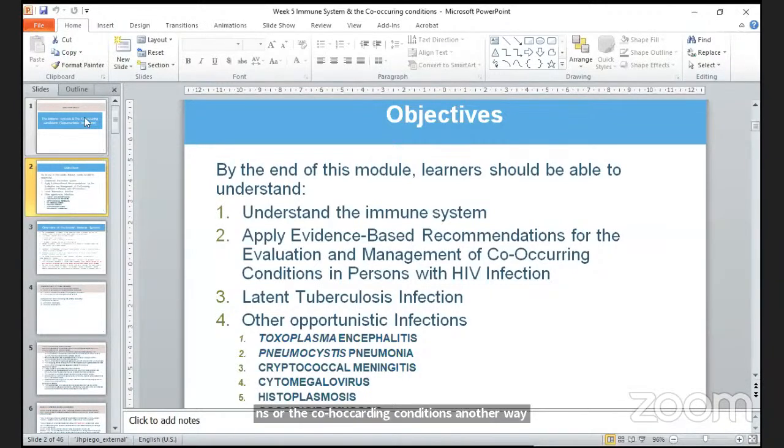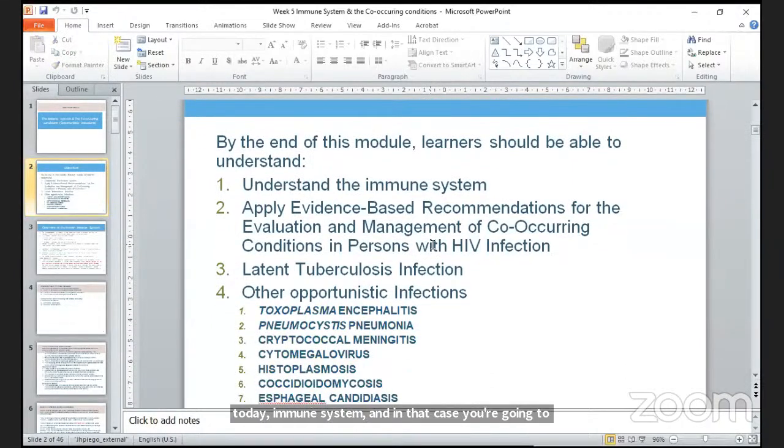In other words, how do co-occurring conditions relate to the immune system? We are going to look at various forms of opportunistic infections that are normally linked to a low immune system, and you're going to see the link between when the immune system is likely to be too weak and an attack by histoplasmosis, for example, or tuberculosis.